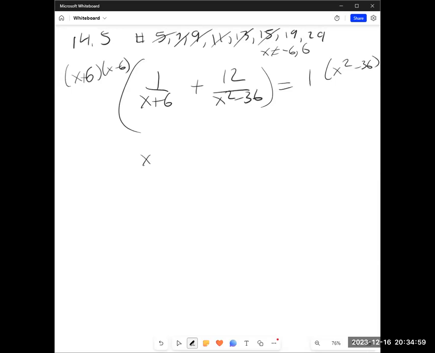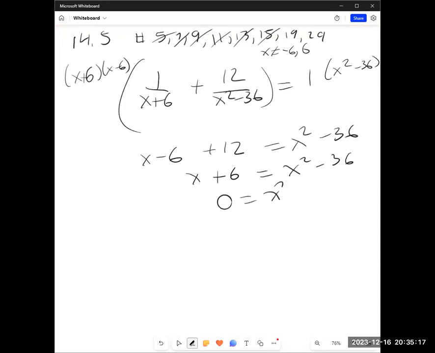So x minus 6 plus 12 equals x squared minus 36. x plus 6 equals x squared minus 36. 0 equals x squared minus x minus 42. x plus or minus 6 and 7. x equals negative 6, that's extraneous.